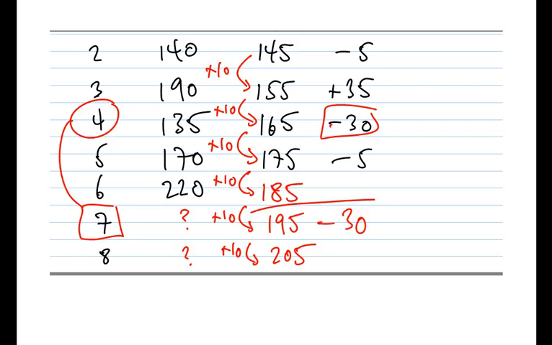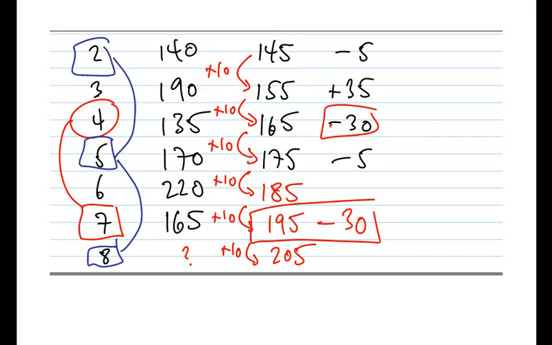So if I take the trend of 195, deduct 30 for this poor seasonal variation, I'm thinking that in month 7, I'll be looking at a predicted sales figure of 165.